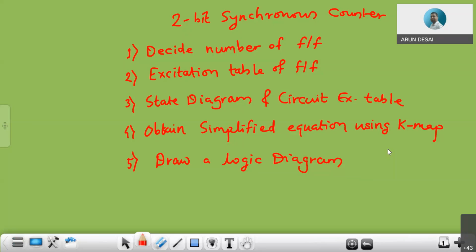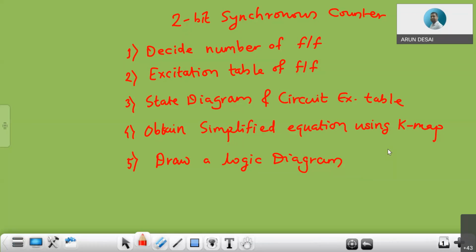Based on that excitation table, you are going to obtain simplified equations using K-map for the given counter. Based on the circuit excitation table, you find out the inputs, and rather you find out the simplified equation for that circuit.